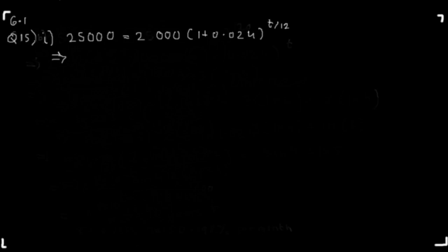From here, since it's pretty familiar, I'm just going to skip some steps. So ln of 1.25. Again, you're going to put this down here. Then you find the ln of both sides. So ln of 1.25 is equal to ln of 1.024.